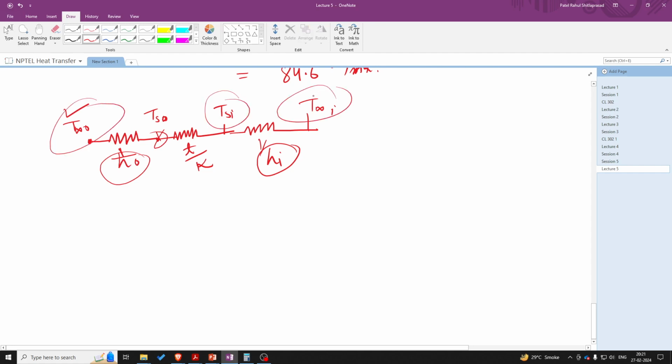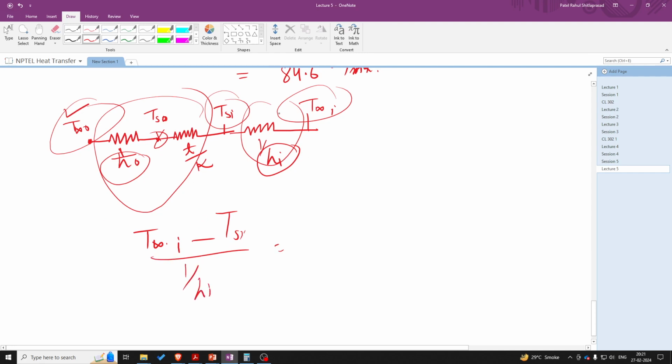So what we can write is, we can just consider this as one composite block and equate the heat transfer from this block into this block, and that will become T infinity I minus Tsi, we are going in this direction, upon 1 upon Hi is equal to, since we are in this direction, Tsi minus T infinity naught upon 1 upon H naught plus thickness upon K of glass.